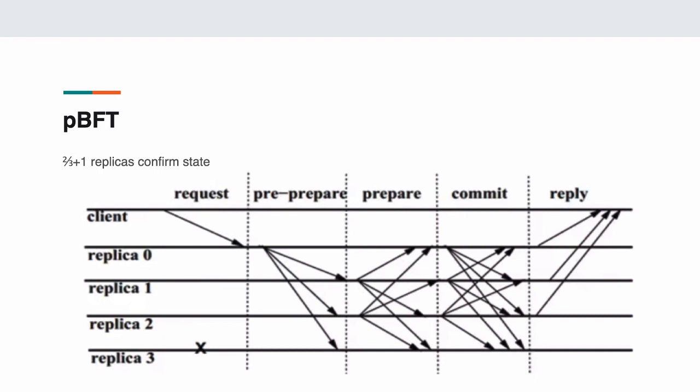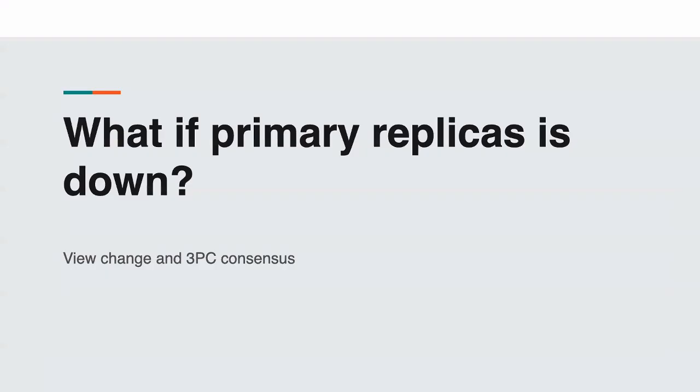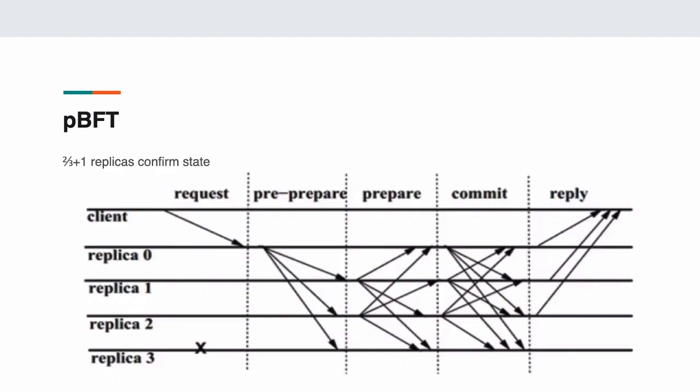So what if the primary is down? What does PBFT do? It gives a view change, and then they start the three-phase consensus. At the first stage, the primary goes down, and then all of the replicas reselect a primary replica, increment the view number, and start the same process that I mentioned before.